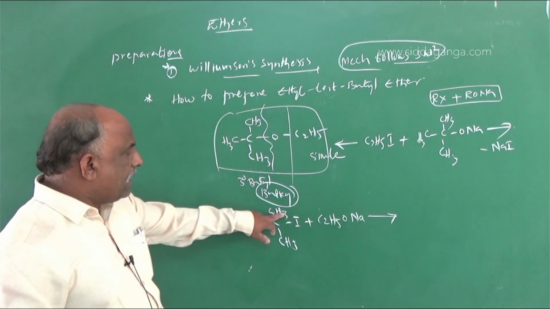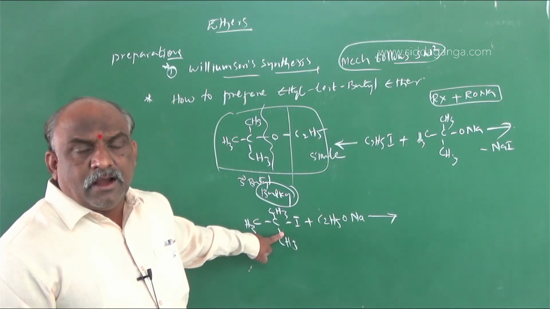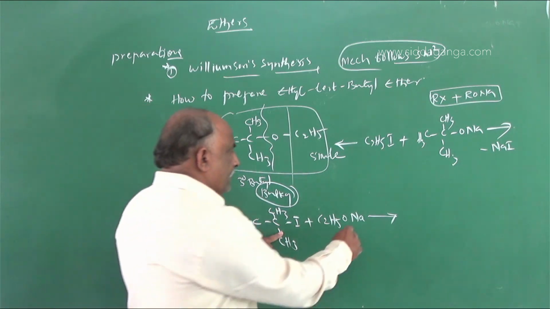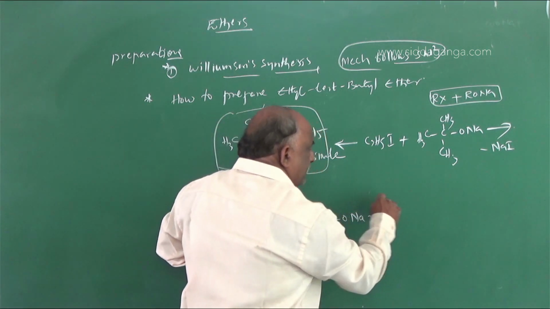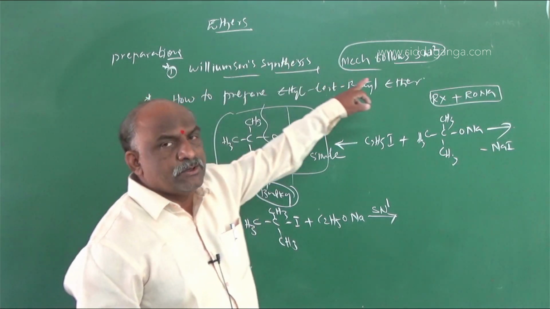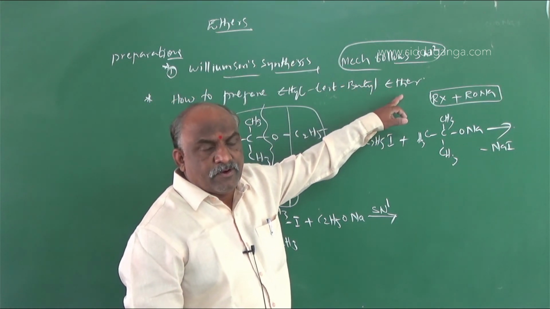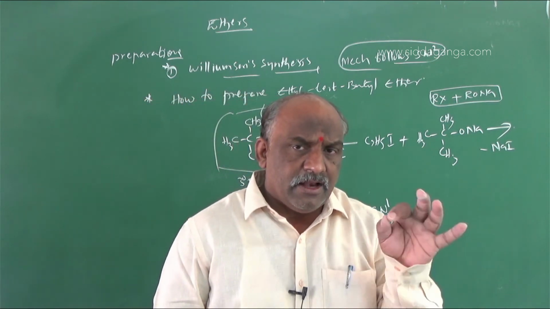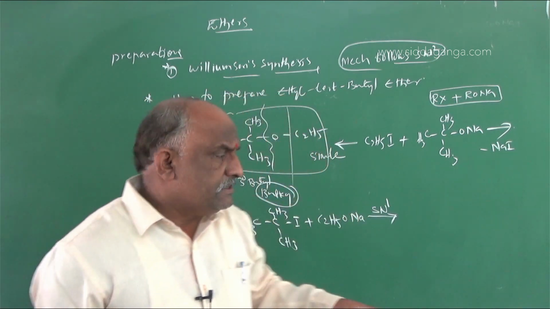So here the alkyl halide is a bulky group. An alkyl halide that is a bulky group undergoes the SN1 mechanism. Formation of ether according to Williamson synthesis is the SN2 mechanism. If the alkyl halide is bulky, it is the SN1 mechanism.